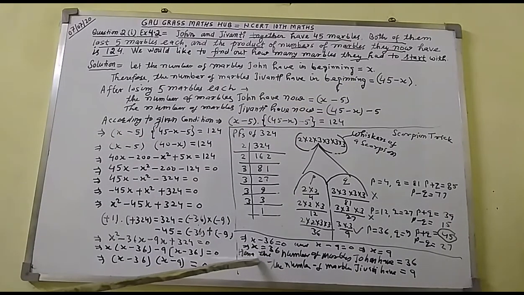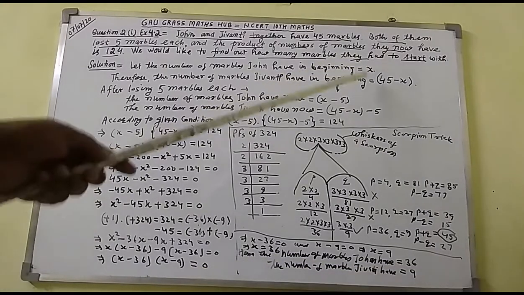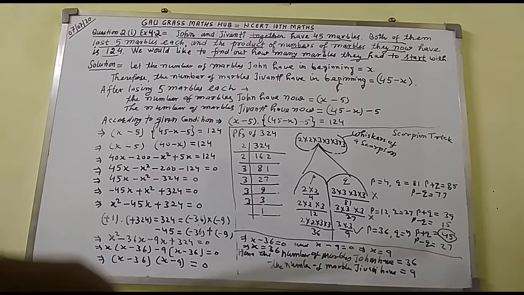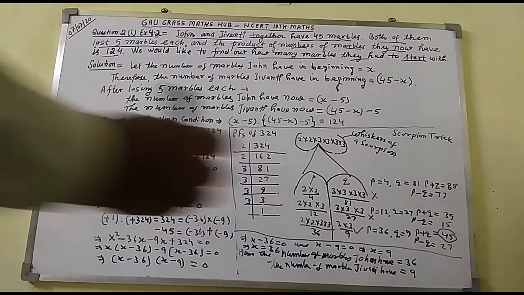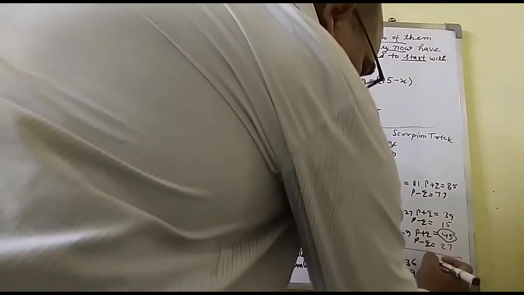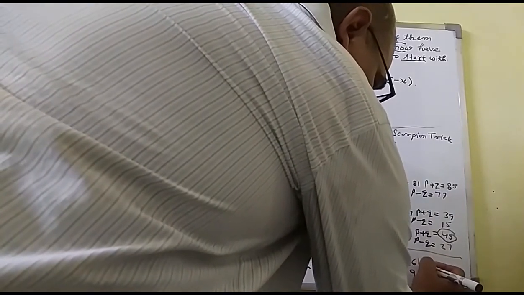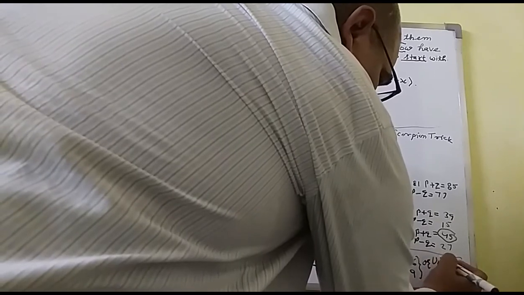If the number of marbles John has is 36, that is the value of x is 36, so the number of marbles Jivanti has will be 45 minus 36, which gives 9. This will be the correct answer. Or you can do vice versa of this one, and that will also be a correct answer.